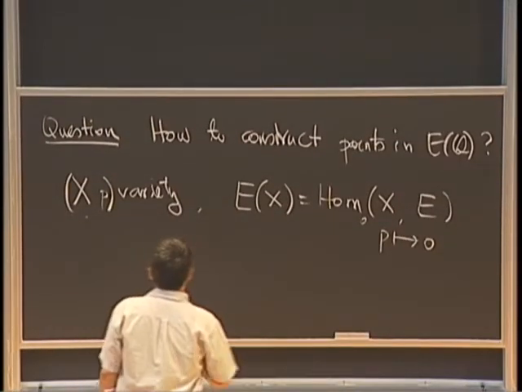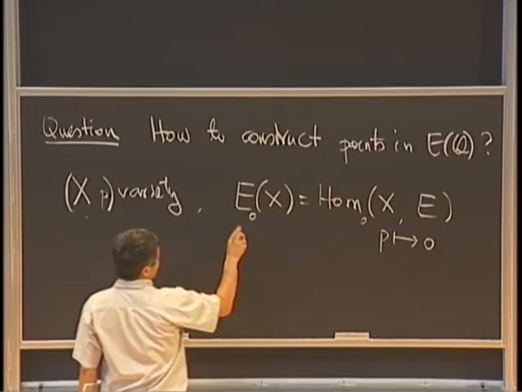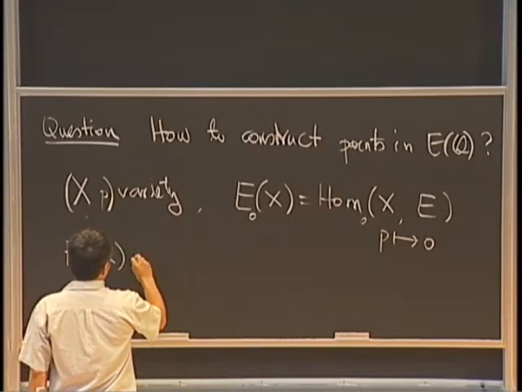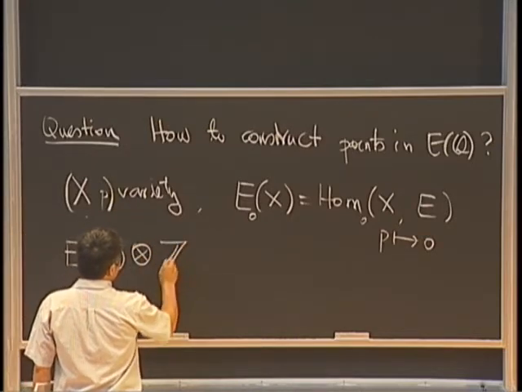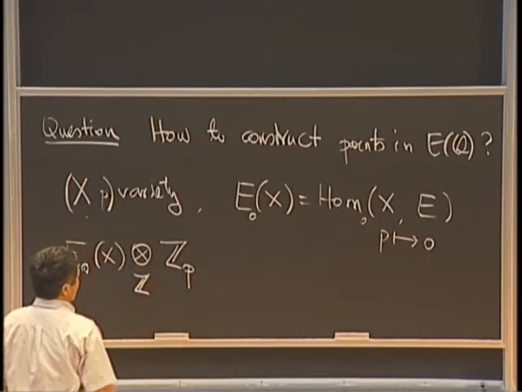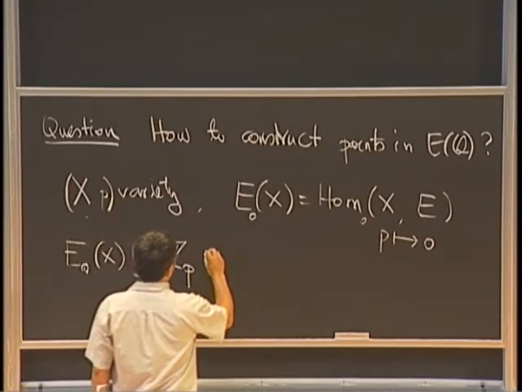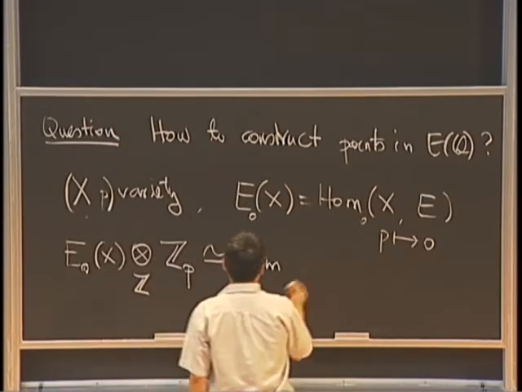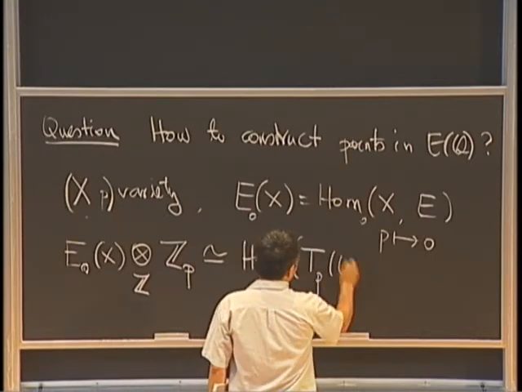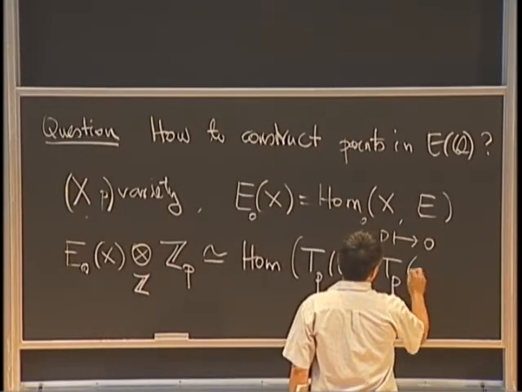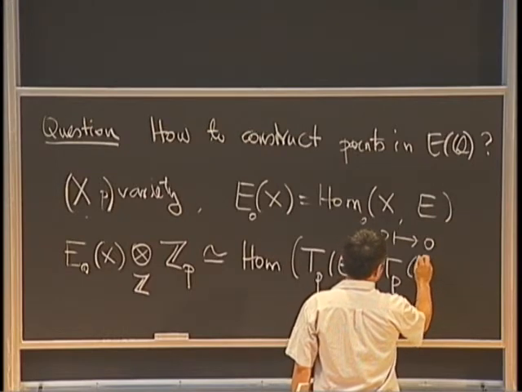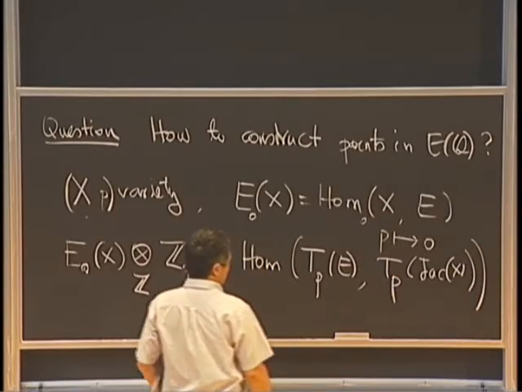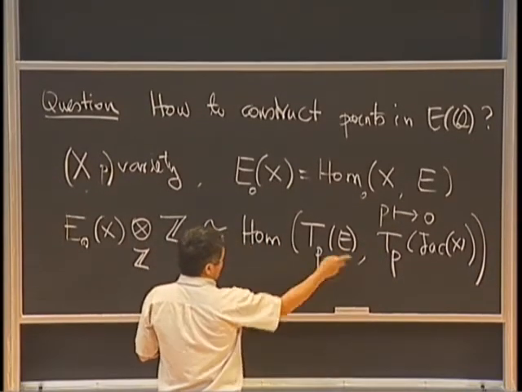According to Faltings, if I write E_0 here, I just make P go to 0. Then E_0(X), if you tensor with Z_p, is basically isomorphic to the Hom, for p a prime, from T_p of E to T_p of the Jacobian of X. I'm going to explain this Tate module later.